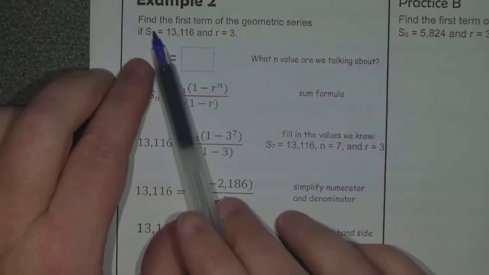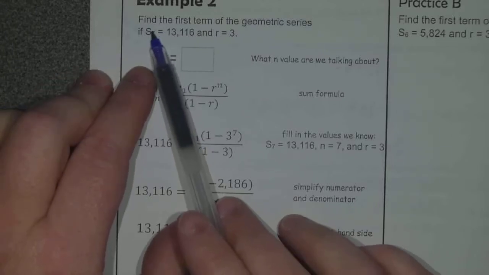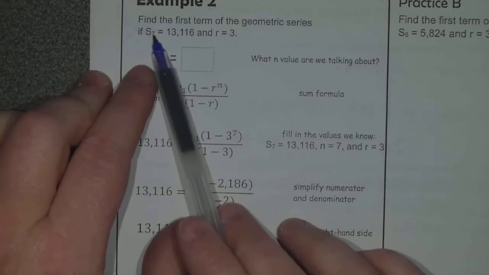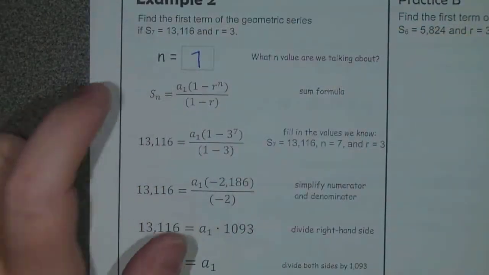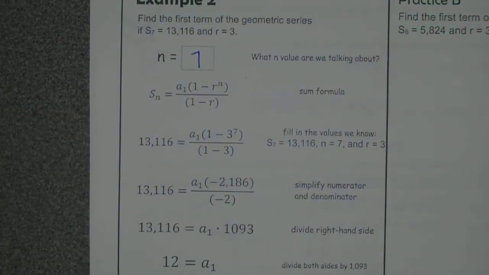So using this information, do you know the number of terms that we have? It's 7, right? So what's your n value? 7. Do you see how they kind of hid it there from you, but they gave it to you at the same time? So they told you how many terms there were that we were looking for. There were 7 terms.